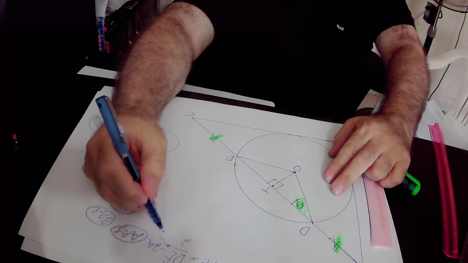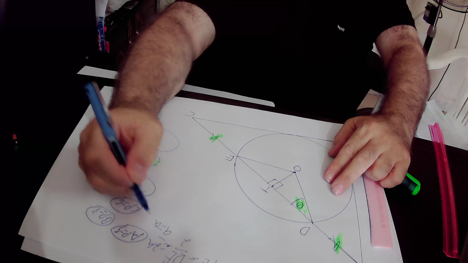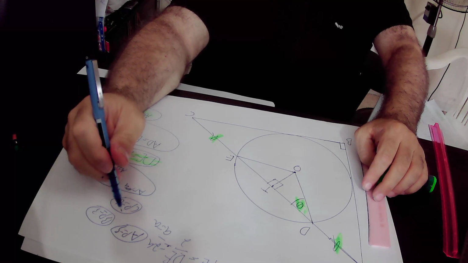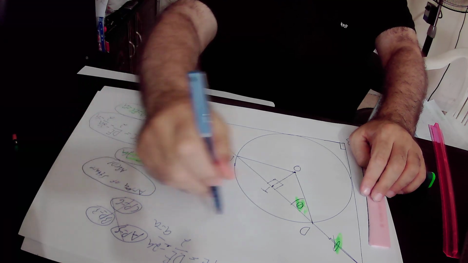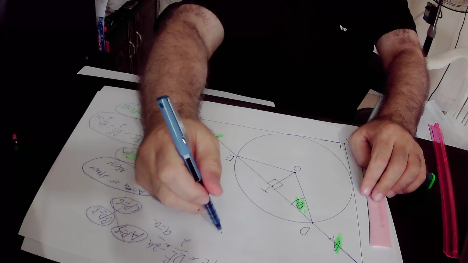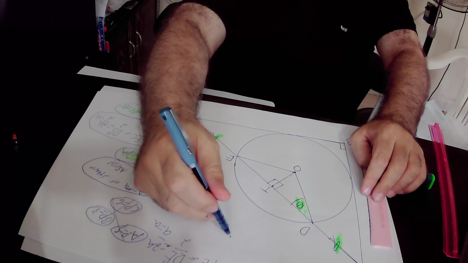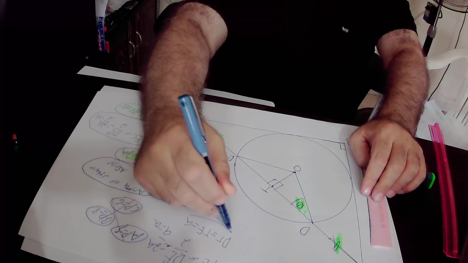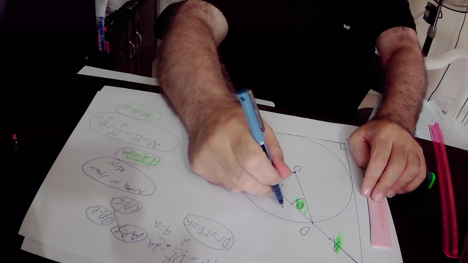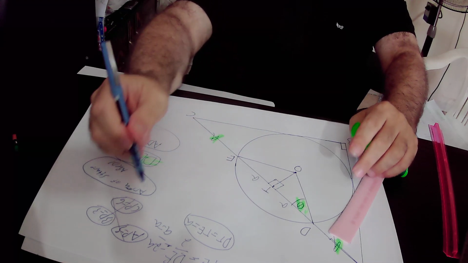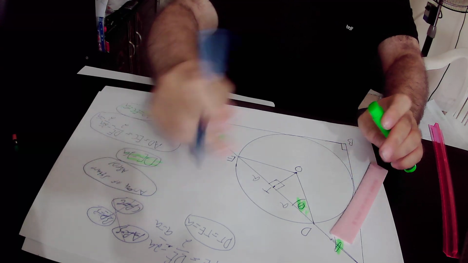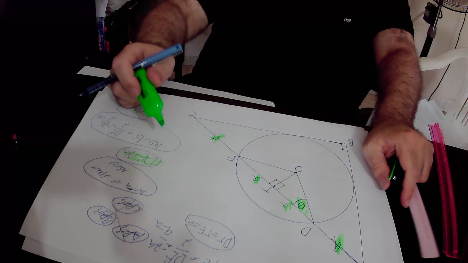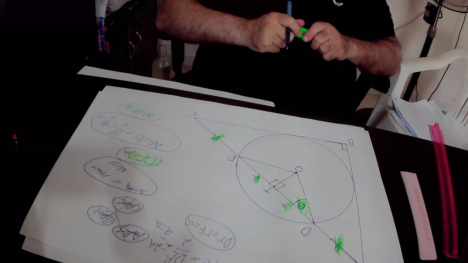So 2A over 2 is A. So from this equation, we will derive that DT equals TE equals A. That is to say, DT equals A and TE is also equal to A. Okay.